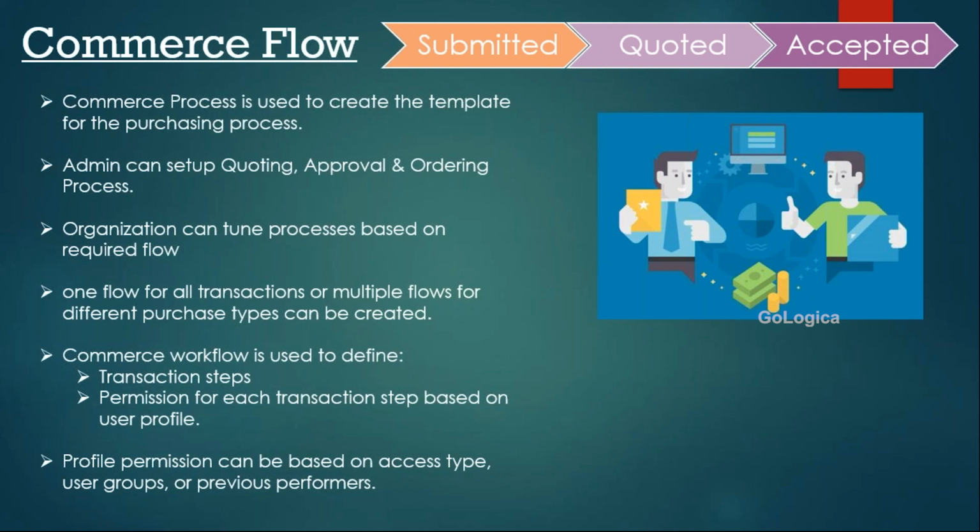Based upon the discounts, we're going to have approval processes. We can have two types of approvals, serial approvals and parallel approvals, and we can manage them using hierarchical approvals also, and we have delegated approvals also. All those functionalities we handle in the commerce area.